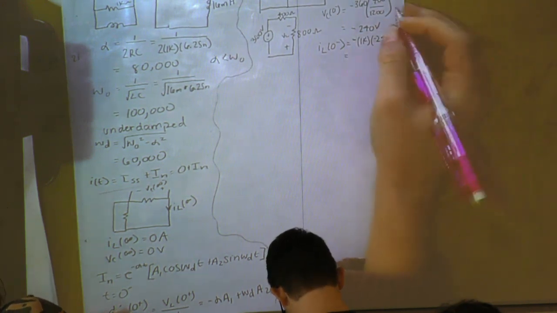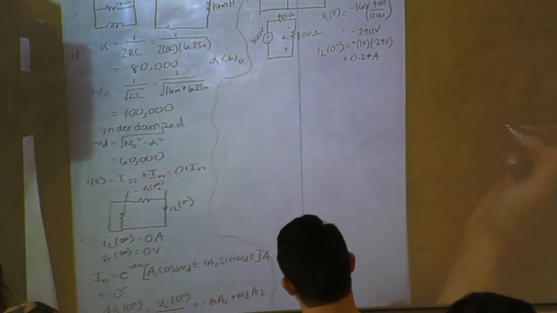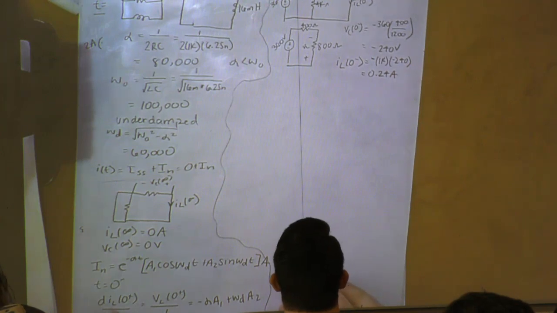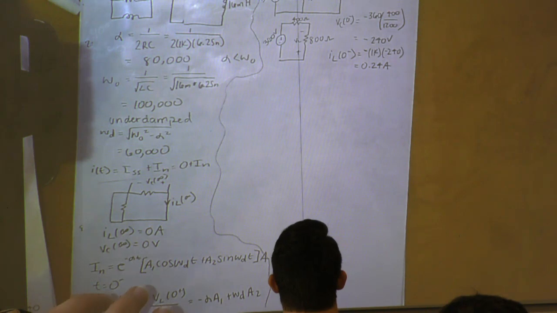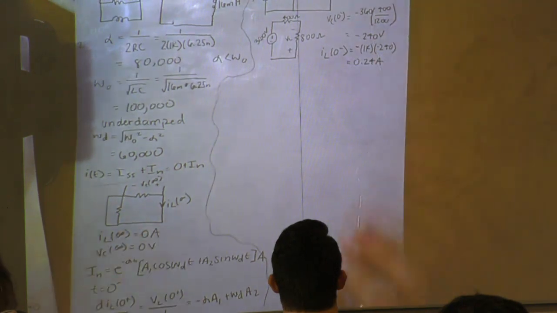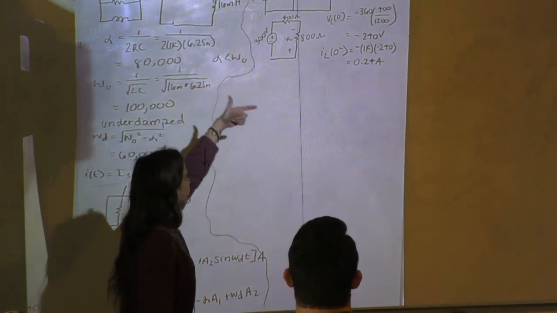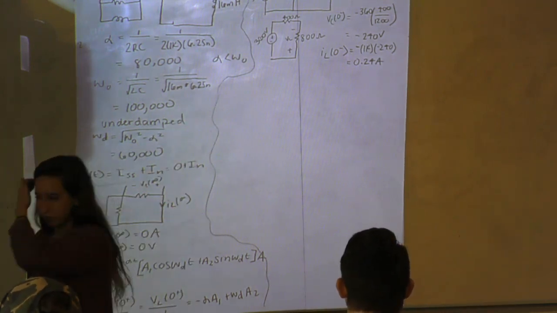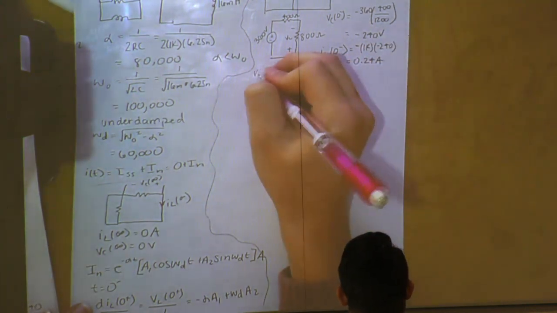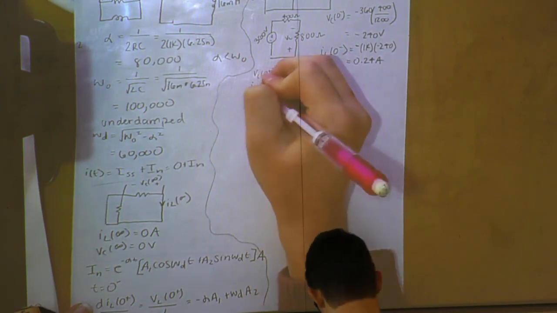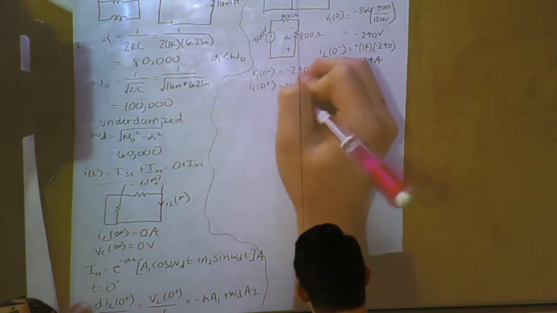Negatives cancel out, and we will get 0.24 amps. Everyone okay with that? It's coming down this way, so it's going into the negative VC terminal. So those negatives just end up canceling out. So we now have VC of 0 plus and IL of 0 plus. This is equal to negative 240 and 0.24.